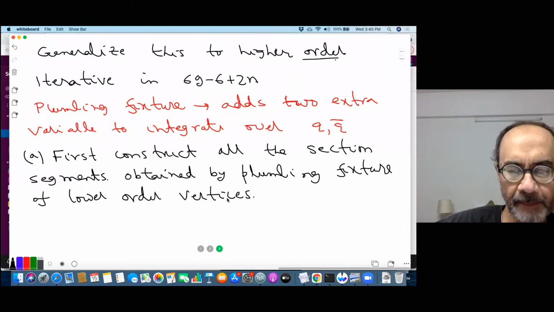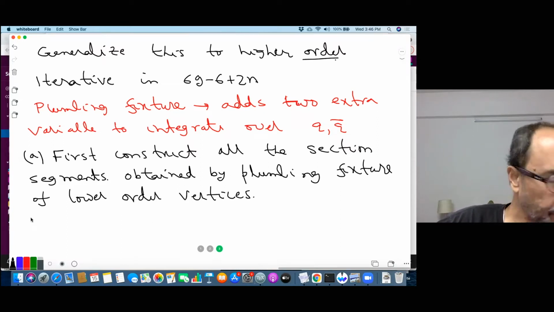Lower order basically means that 6g minus 6 plus 2n is lower than the one that we are considering. Any plumbing fixture will involve this with lower value, because plumbing fixture we all know adds 2, right? So you cannot have anything larger than or equal to this. It has to be at least 2 less than this number when you do the plumbing fixture of lower order vertices. So these would have been already constructed in the earlier stages, like 3-point function, 4-point function, etc.